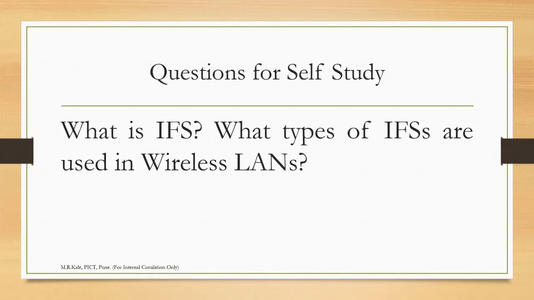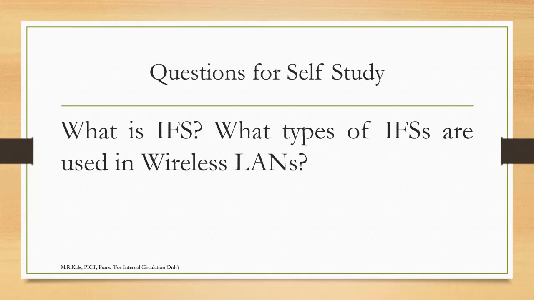Then we have studied the CSMA technique. CSMA technique itself is not a protocol, but it is used in various protocols like CSMA CD or CSMA CA. In CSMA technique, the carrier will be sensed, or the channel will be sensed, before sending the data. If the channel is found to be idle, then only data is sent.